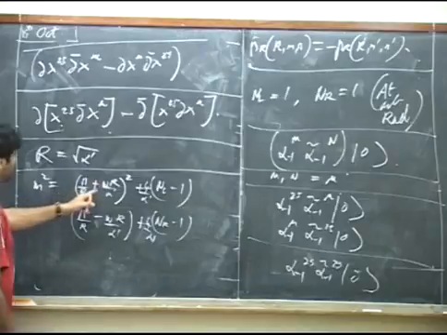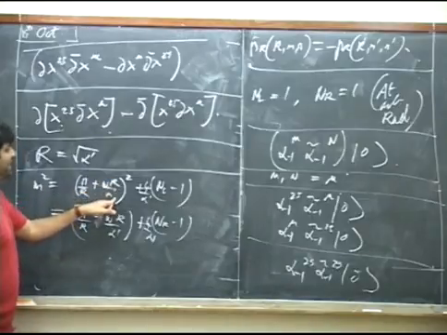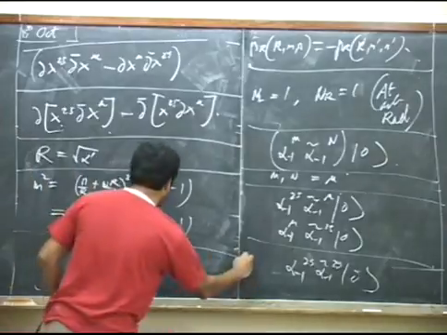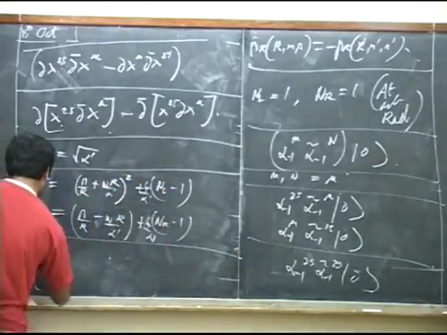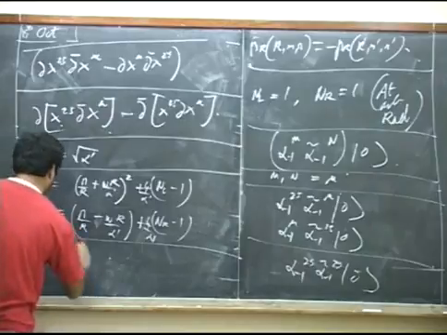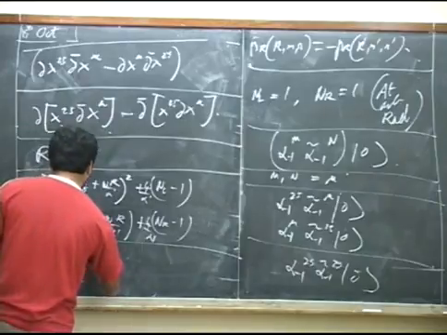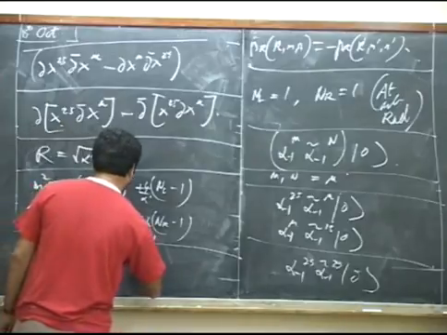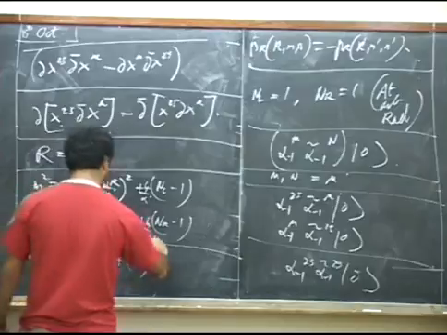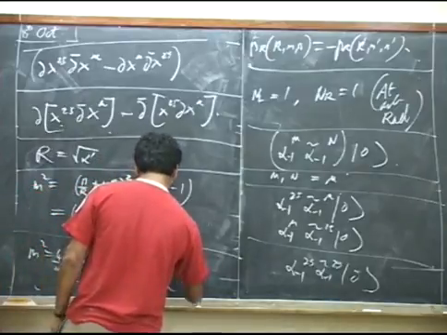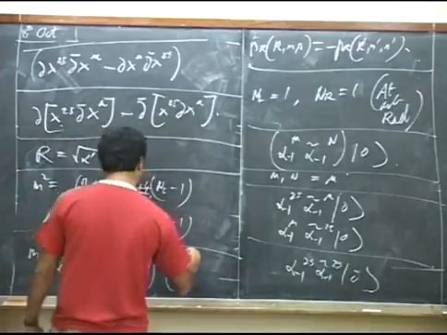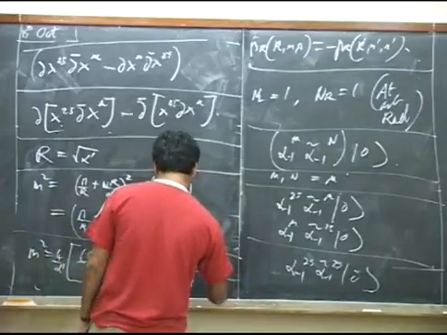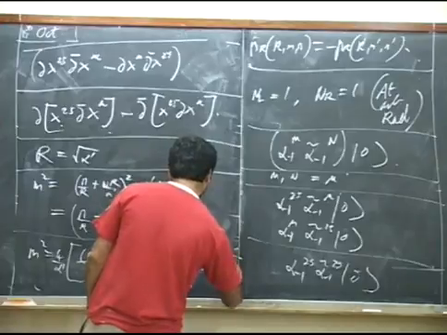Each of these things is proportional to 1 over square root alpha prime. So we get m squared is equal to 4 by alpha prime into (n plus w), the whole thing squared, by 4, plus N_L minus 1, which is equal to 4 by alpha prime into (n minus w), the whole thing squared, by 4, plus N_R minus 1.